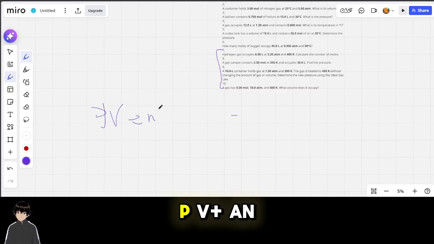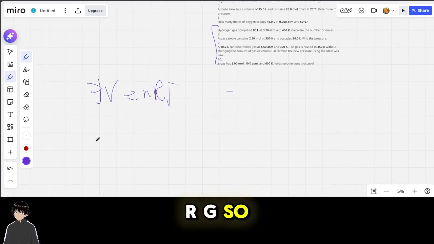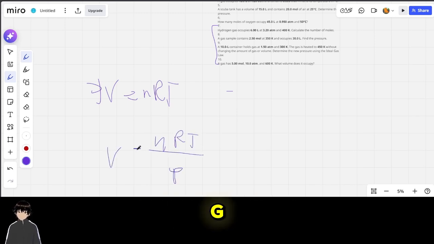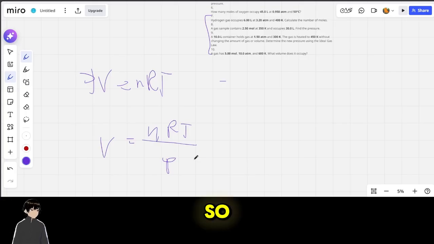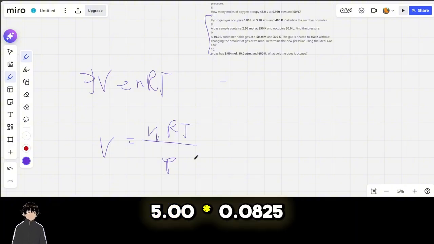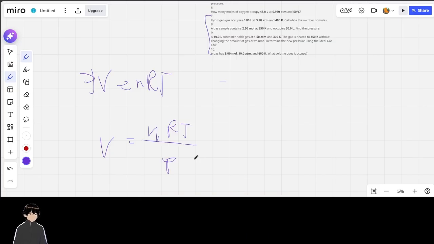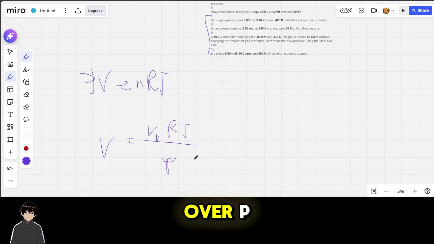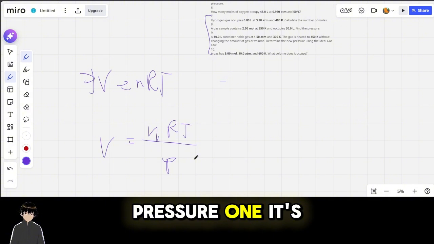We have PV equals nRT, so it's going to be nRT over P. 5.00 times 0.08205 times 600 over P, which is the pressure one.